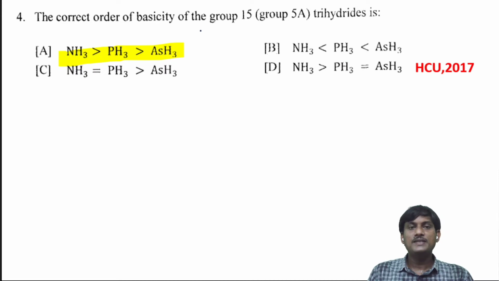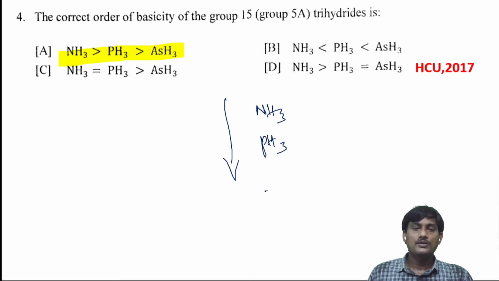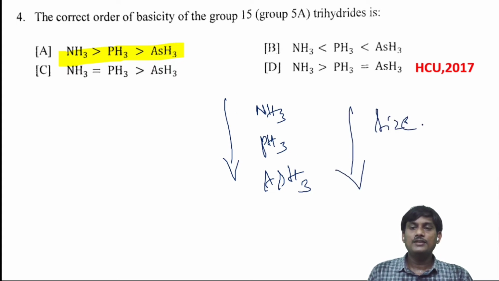The correct order of basicity of the group 15 trihydrides. In the 15th group trihydrides, the basicity decreases from NH3 to AsH3. What is the reason? Here there is an increase in size of the atom. When there is an increase in size, there is more distribution.